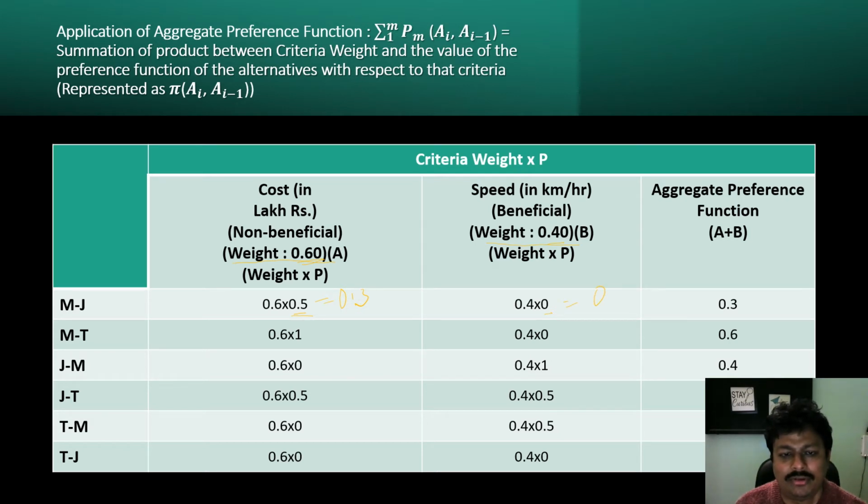So after then what we do? We just sum both of these values. So we sum this one with this one. So we get what? 0.3 plus 0, it is 0.3.